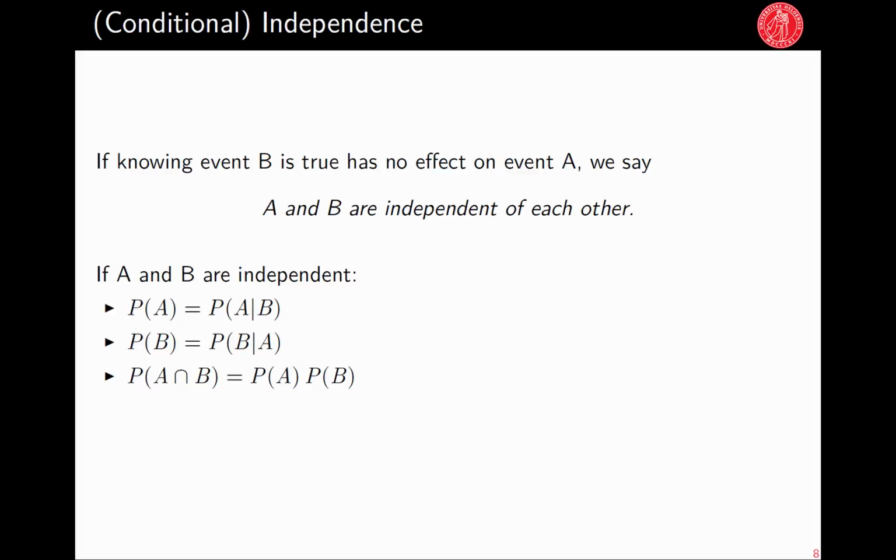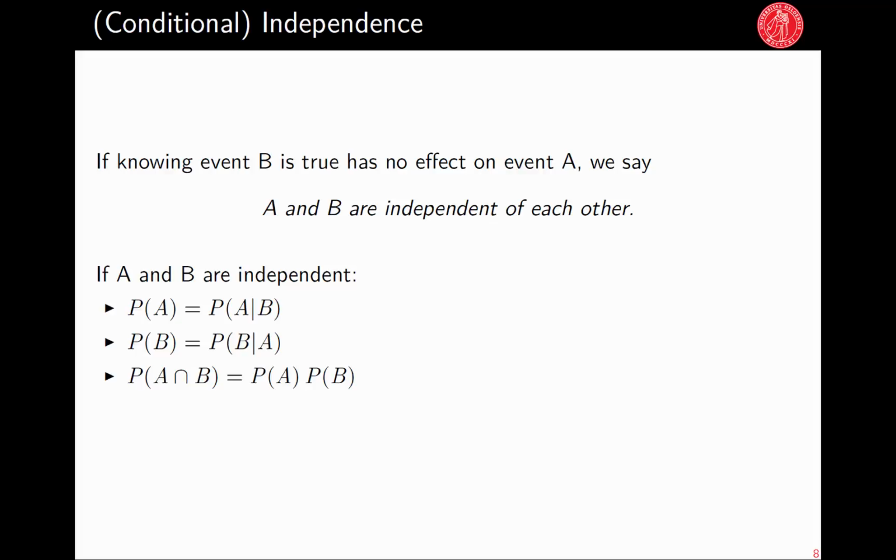And for two independent events, I can compute the joint probability as the product of the individual probabilities. So the multiplication rule and the chain rule apply to sequences of events that are not independent. Once I know or assume independence, I can simplify that and just multiply the probabilities of the individual events.